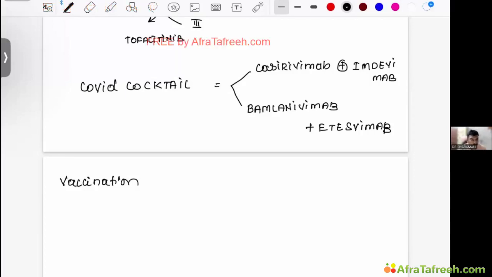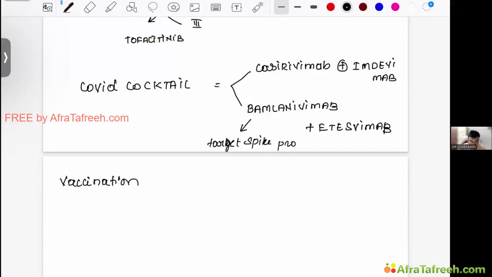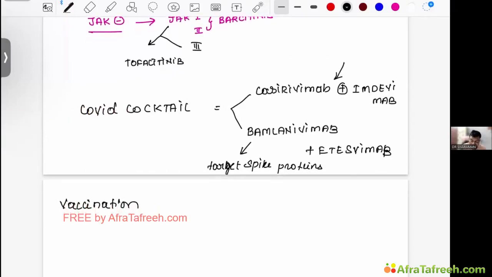Bamlanivimab and etesevimab target the spike protein, and casirivimab and imdevimab target the RBD, the receptor binding domain.